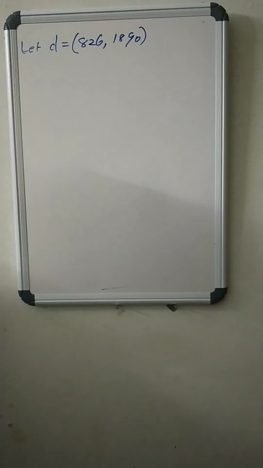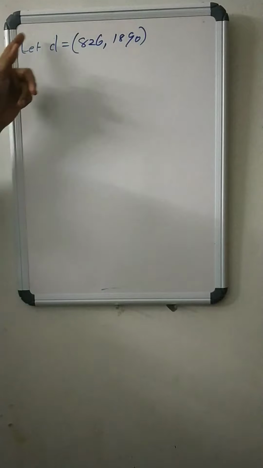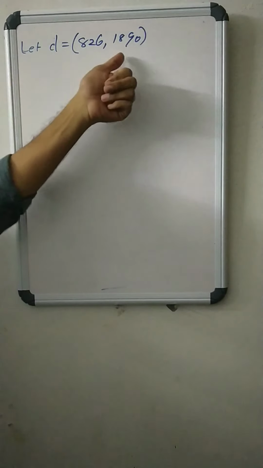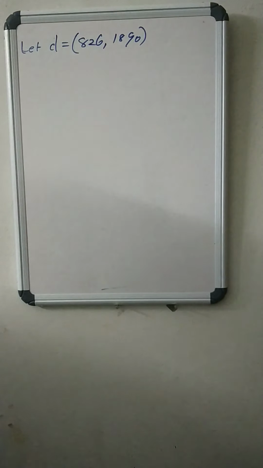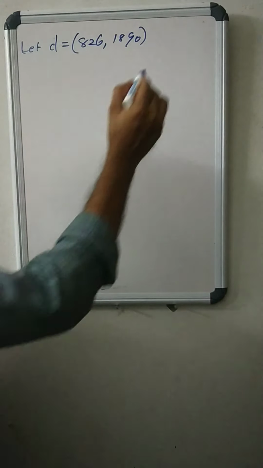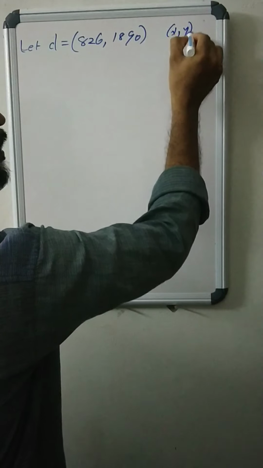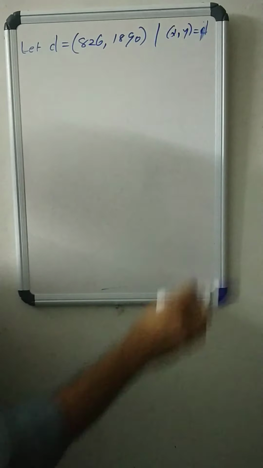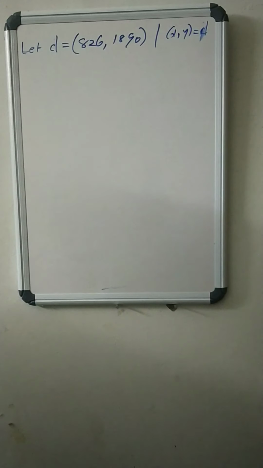Then use the Euclidean algorithm, compute this D and express D as a linear combination. We know that if x and y have a GCD D, then this D can be expressed as a linear combination of x and y.